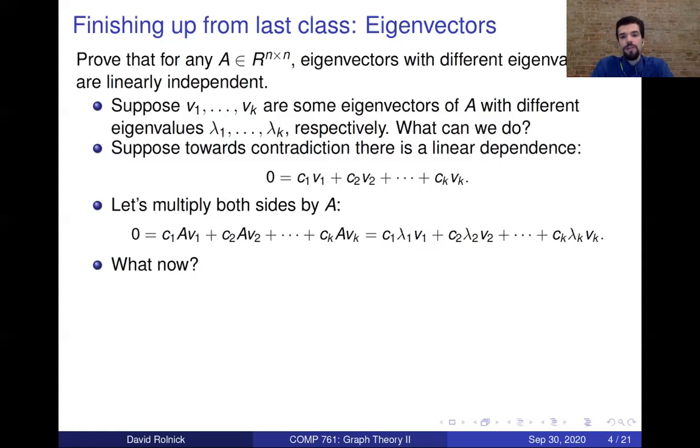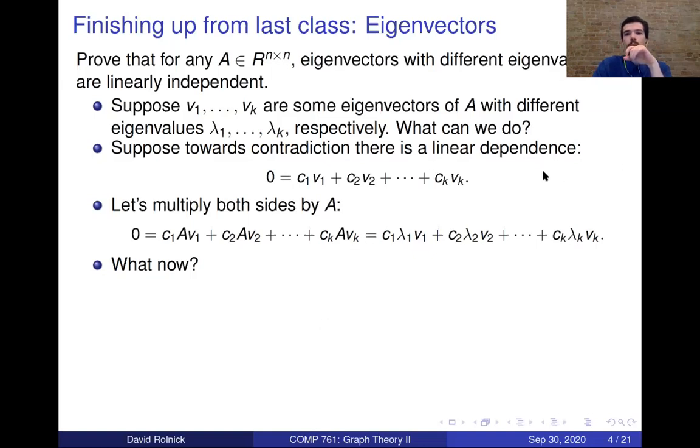We could subtract the two equations. We then get another linear combination that is equal to 0. Is there any variation of that we could do? Setting them equal to each other would be the same thing as subtracting them, basically.